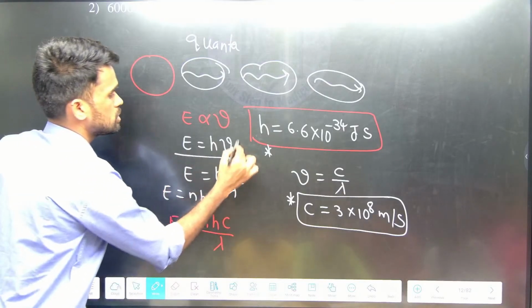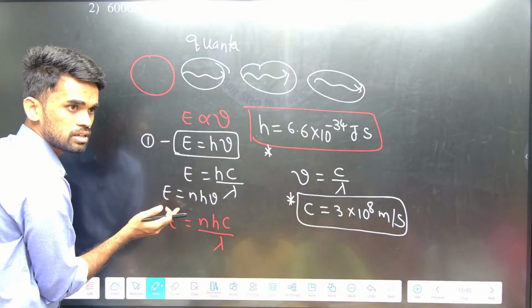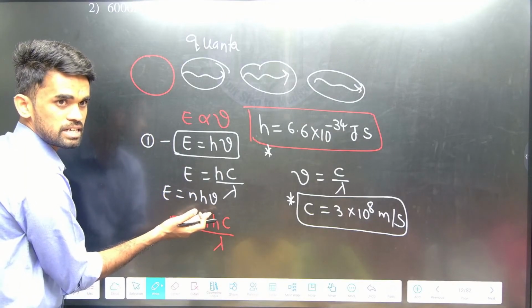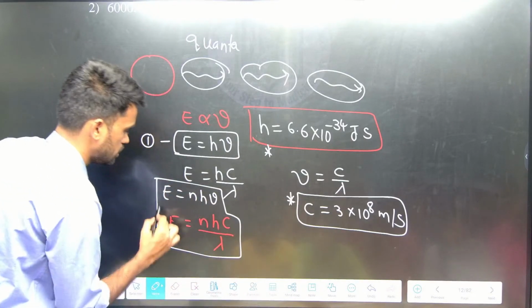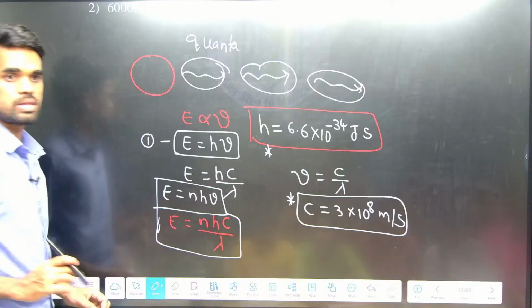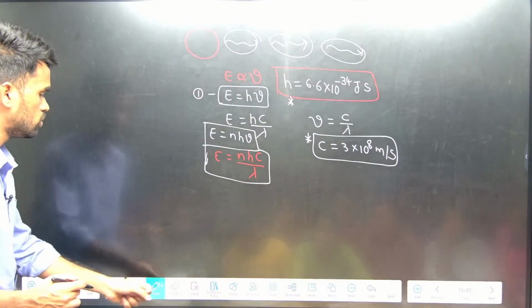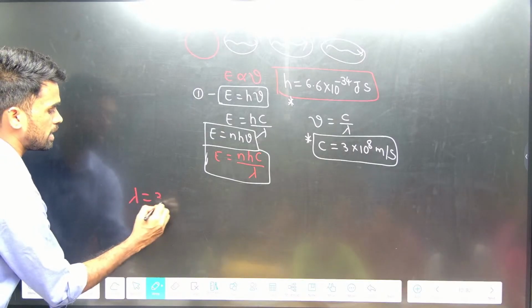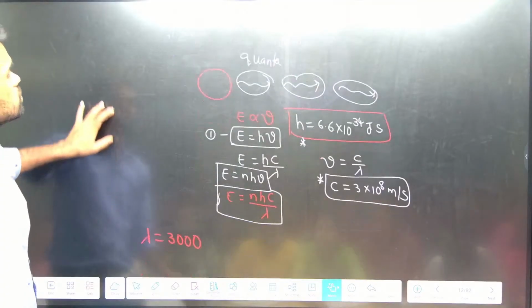E equals h nu is for one photon; for n photons, n h nu. That's it. These are the two relations you should remember, with these constant values. Now try to solve one question. I am giving you lambda equals 3000 angstroms.